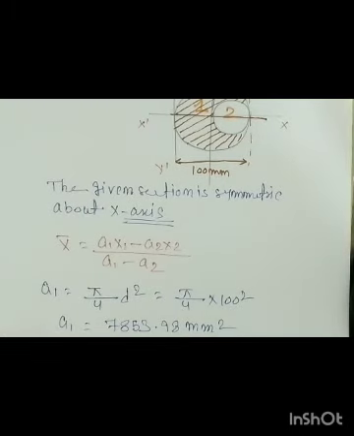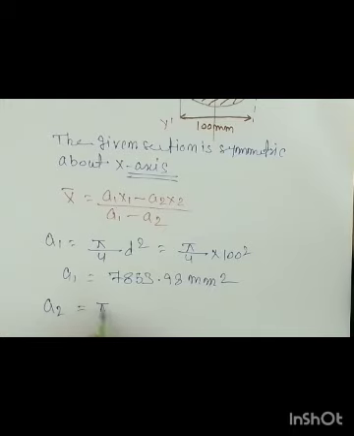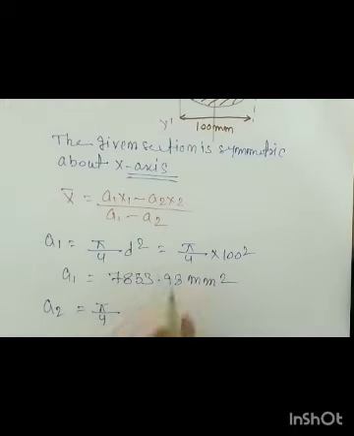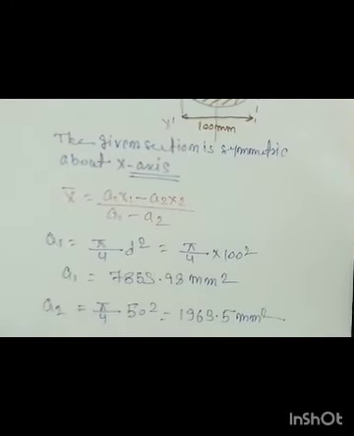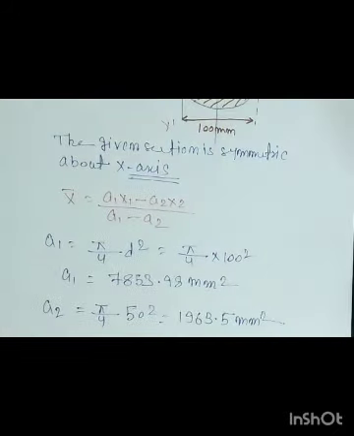Now a2 is equal to what? a2 is also pi by 4 d square, but d is 50, so 50 square. Directly I am writing, so it is 1963.5 millimeter square.